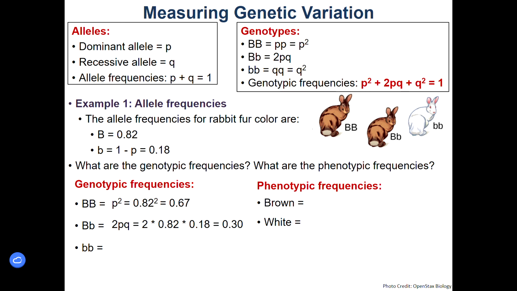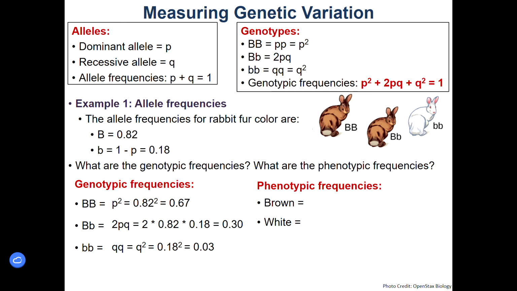So 30% of our individuals are heterozygotes in our population. How are we going to figure out homozygous recessive? Q squared, 0.03. Is there another way you could have figured out our homozygous recessive genotype other than doing Q squared?